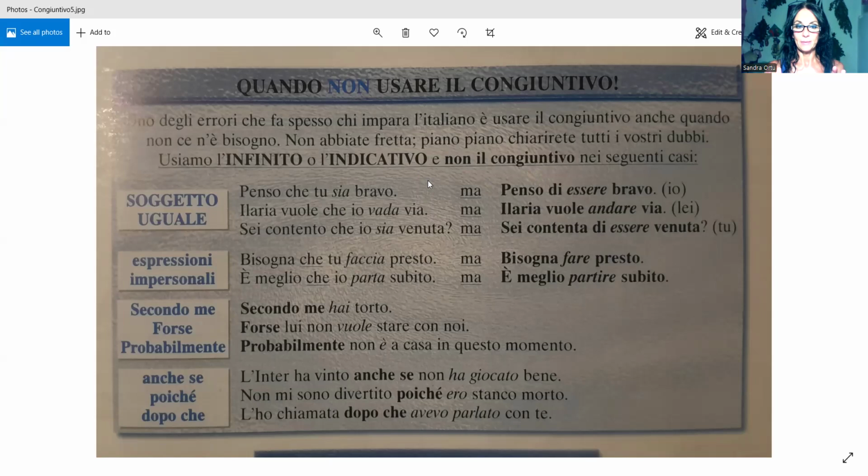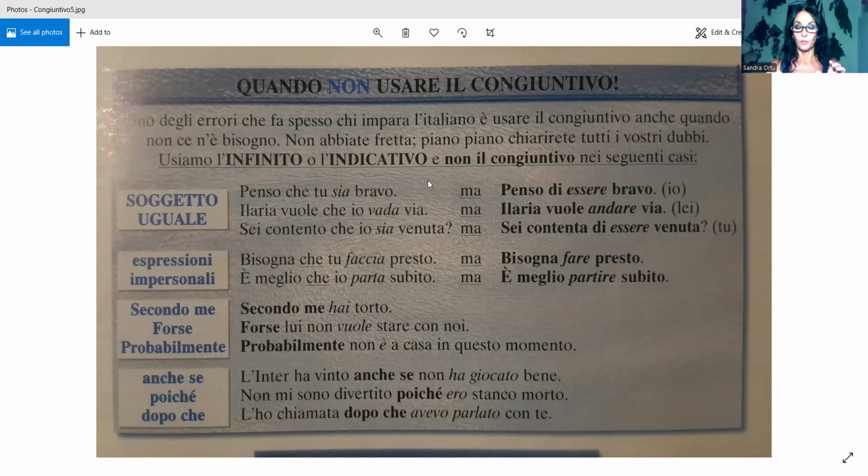So we've said so far that we have two sentences, basically, or two phrases. The second one with the subjunctive, which depends on the first one. So the subject of both needs to be different. It's something that I've mentioned in the previous video.